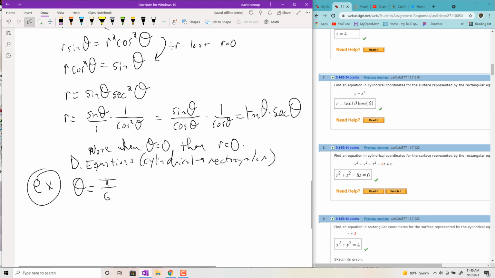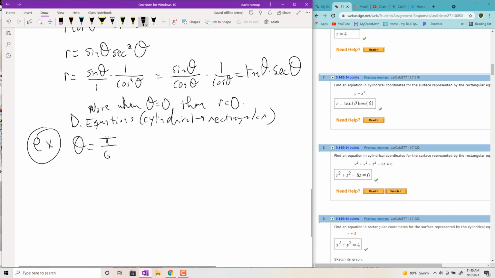Okay, so again, think about your set of equations that you have. x is r cosine theta, y is r sine theta, x squared plus y squared is r squared, tan of theta is y over x, and then z is z.